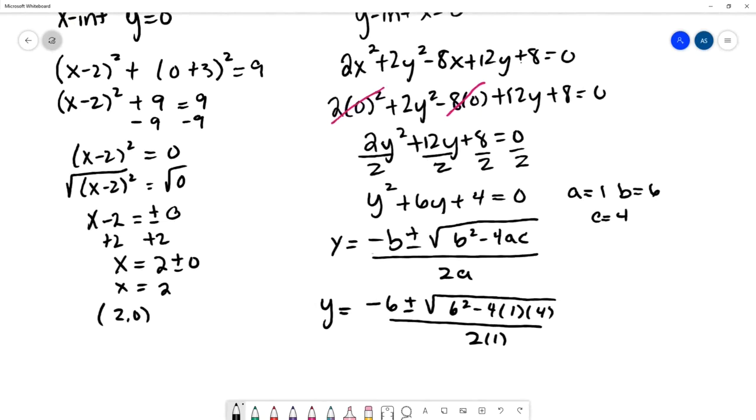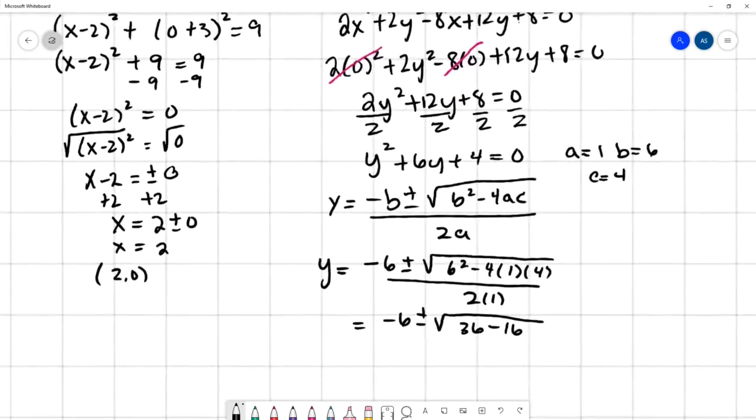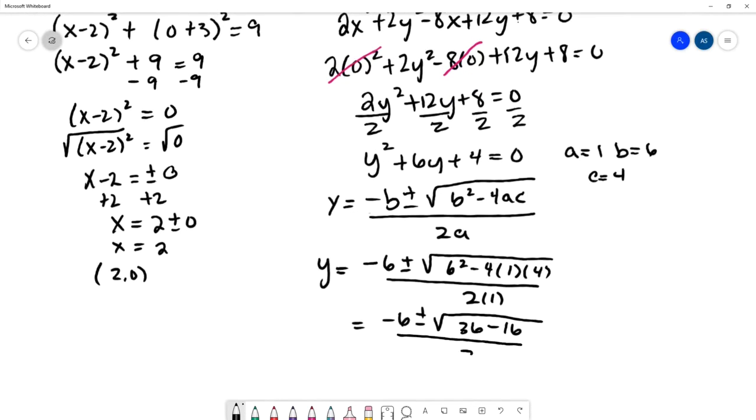And then we'll simplify following order of operations. 6 squared is 36. And we have 4 times 4, that's 16. And negative 6 plus or minus the square root of 36 minus 16. Let's see, that would be 20, over 2.